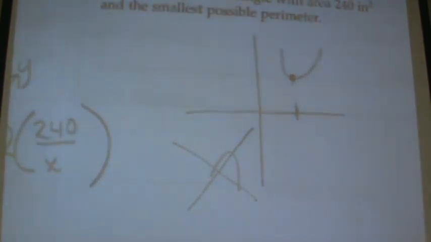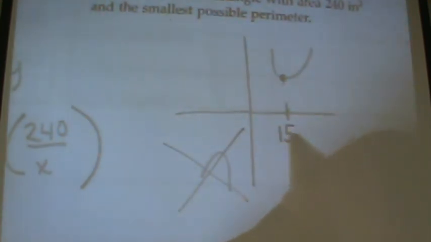You're going to hit Analyze Graph. Go ahead, do that for me. Menu, Analyze Graph. I want the minimum. Can someone tell me what the minimum is? I think you get 15.5. Is that what you got? 15.5?